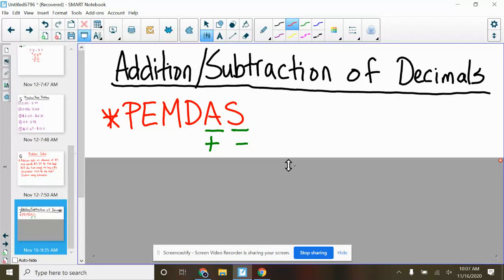So like the P represents what? Sophia. Parentheses. What about the E? Mason. Exponents. The M, Connor, multiplication, the D, division, and then the A and the S, Carson already told us addition and subtraction. Okay, these are your major math operations.